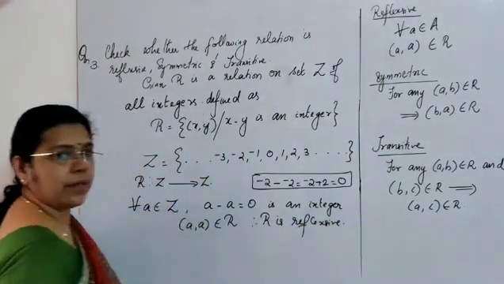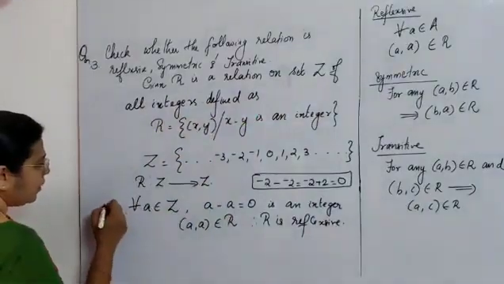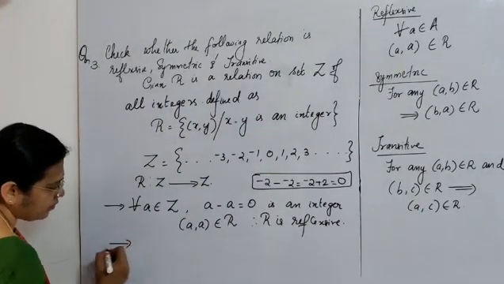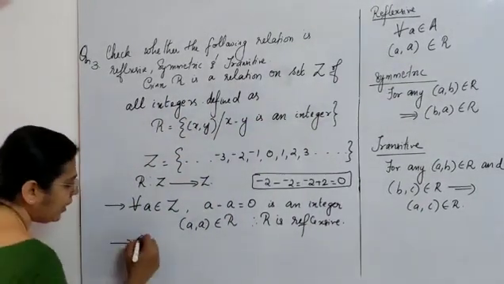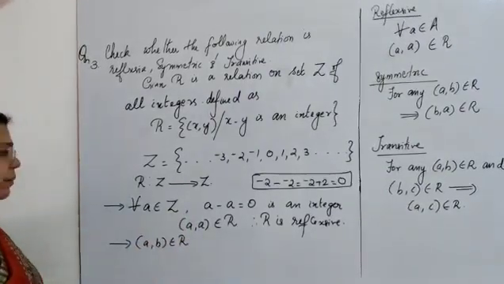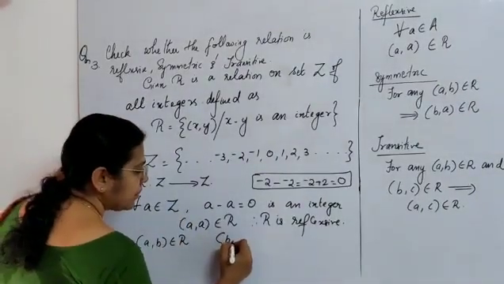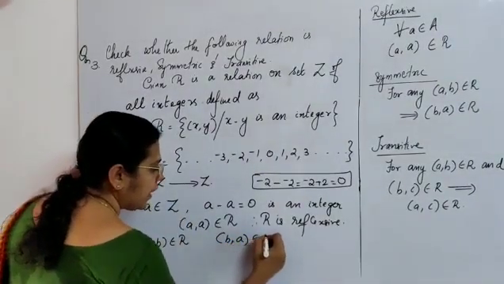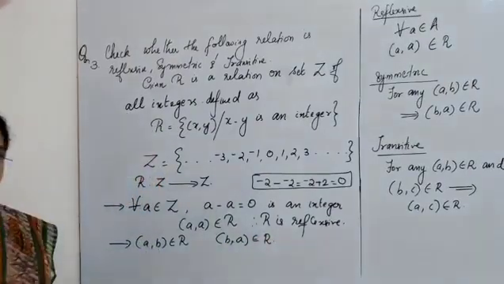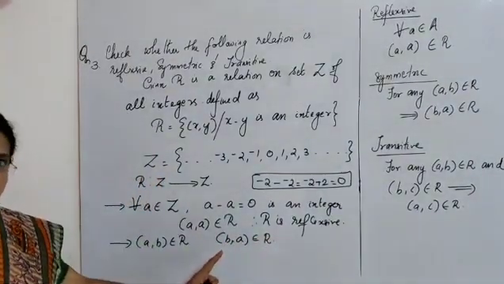R is reflexive. Now checking for symmetry. This is for reflexiveness, and the next one is for symmetry. For any (A, B) belongs to the relation, A minus B is an integer. What about B minus A? Does (B, A) belong to R? Is B minus A an integer? Yes, it is an integer.